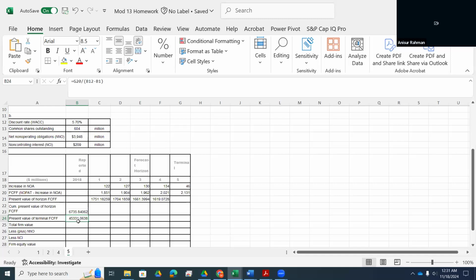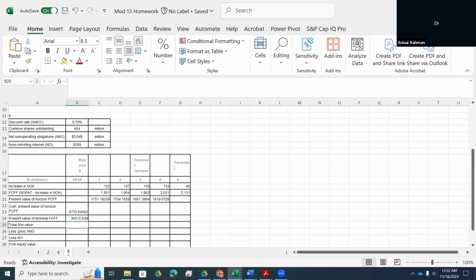We have to find out the present value. So double click and close the entire thing within parentheses, divided by open parenthesis 1 plus the discount rate close raised to the power 4. Again, you can see the formula from here too.